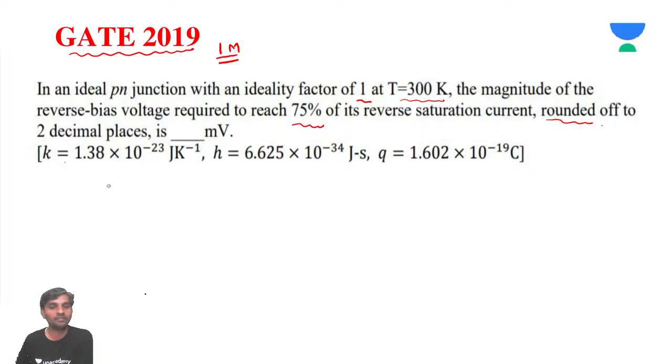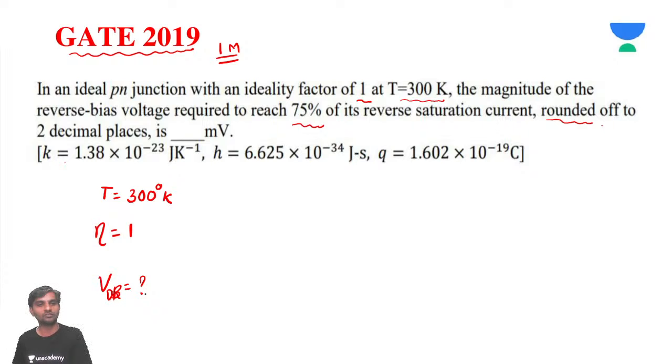So T is equal to 300 degrees Kelvin. Ideality factor is nothing but eta. Eta is equal to 1. The magnitude of the reverse bias voltage required, that is VB or VR, whatever voltage, or VD, the diode voltage.